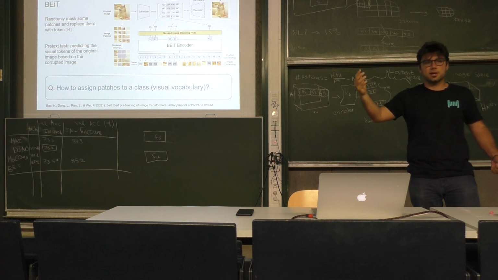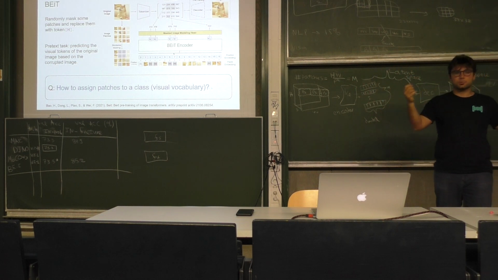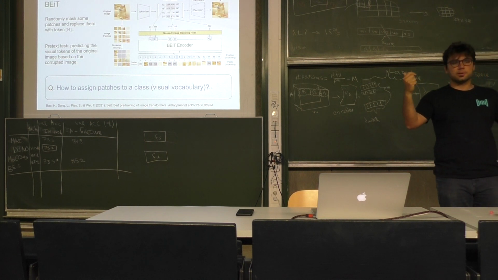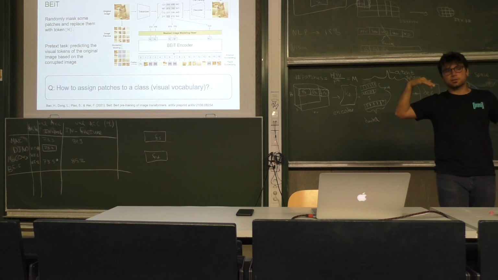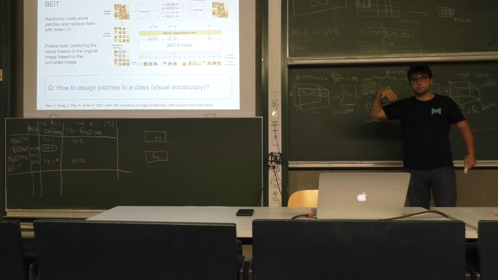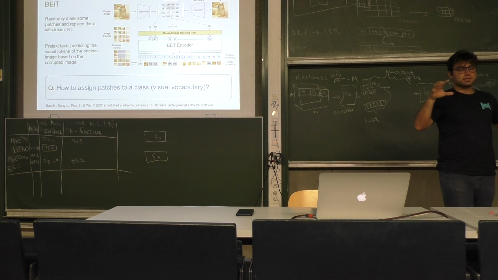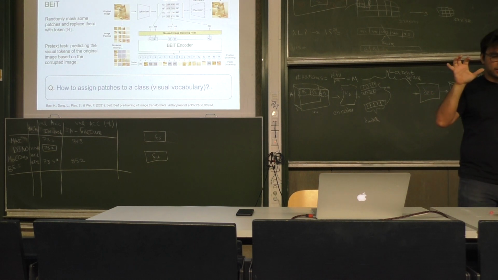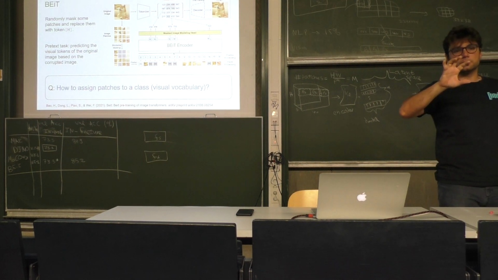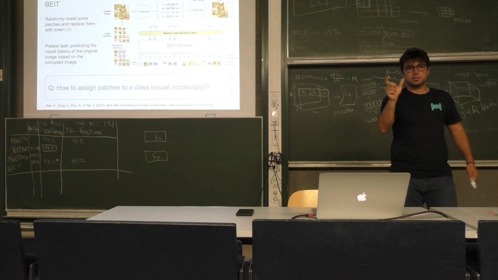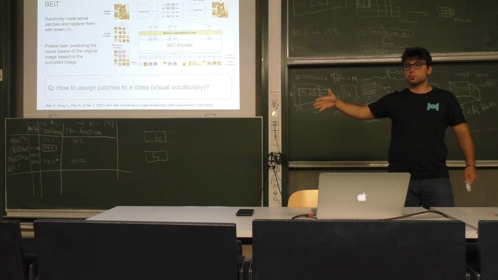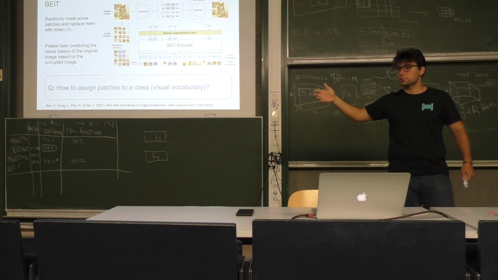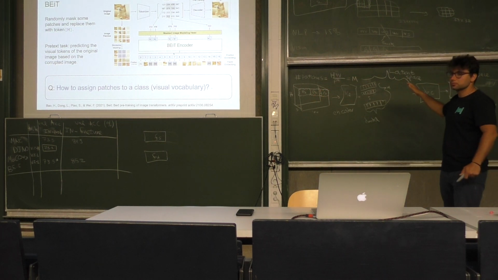Similar to natural language where we have around 20,000 words, here we have this notion of visual vocabulary. I also used the word overclustering in the previous lectures. We are trying to say that no matter how different an image patch can be, it has to be assigned to one of those 10,000 or 100,000 classes.